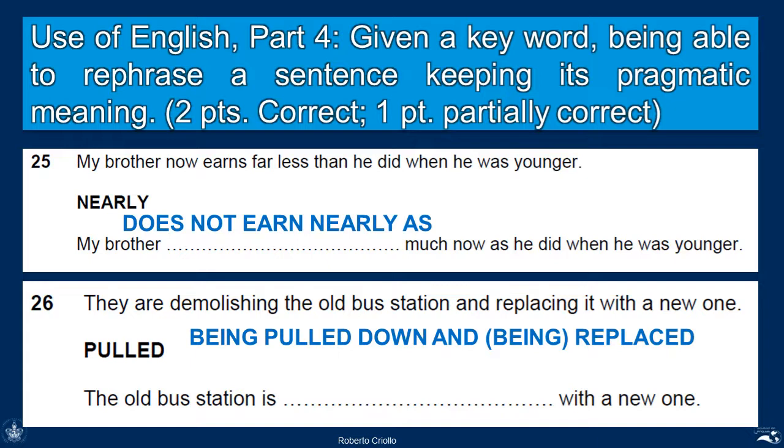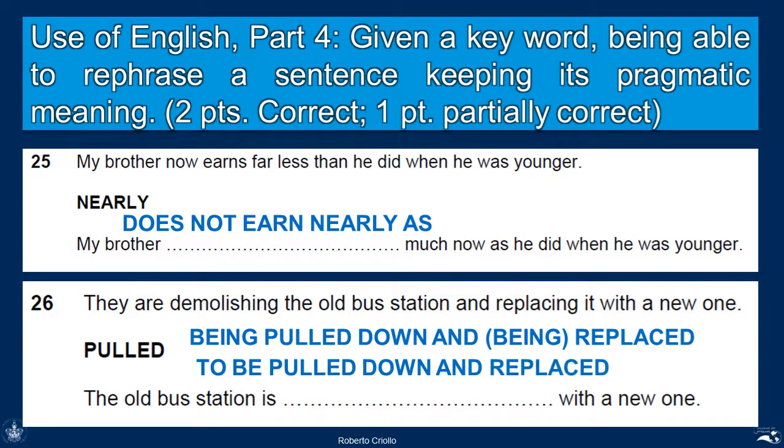Or we can say also the bus station is to be pulled down and replaced with a new one. We can see that we change this into the passive, and we use the key word to replace the word demolish. So to pull down and to demolish have the same meaning, and these are the 2 ways in which we can rephrase this sentence.